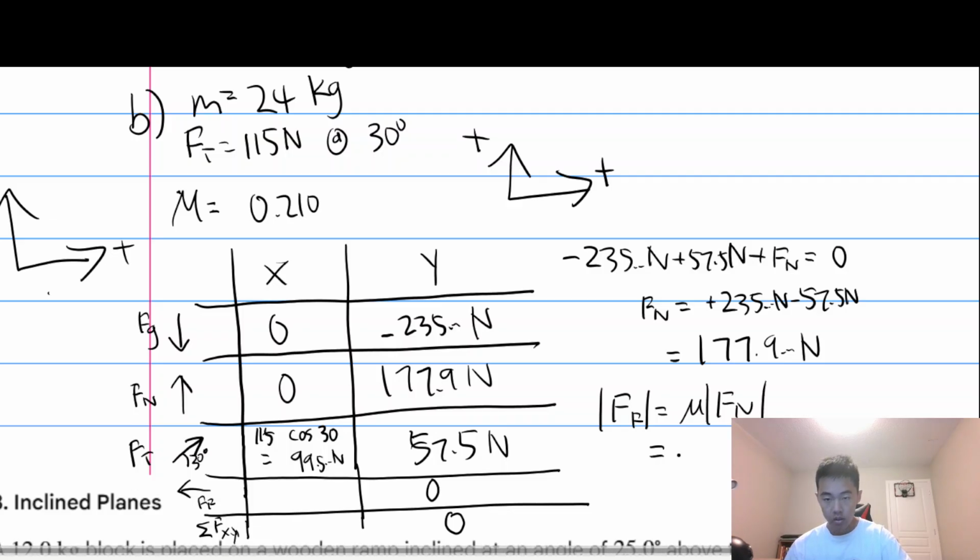And this is equal to 0.2 times 177.94 newtons, which is equal to 37.3.